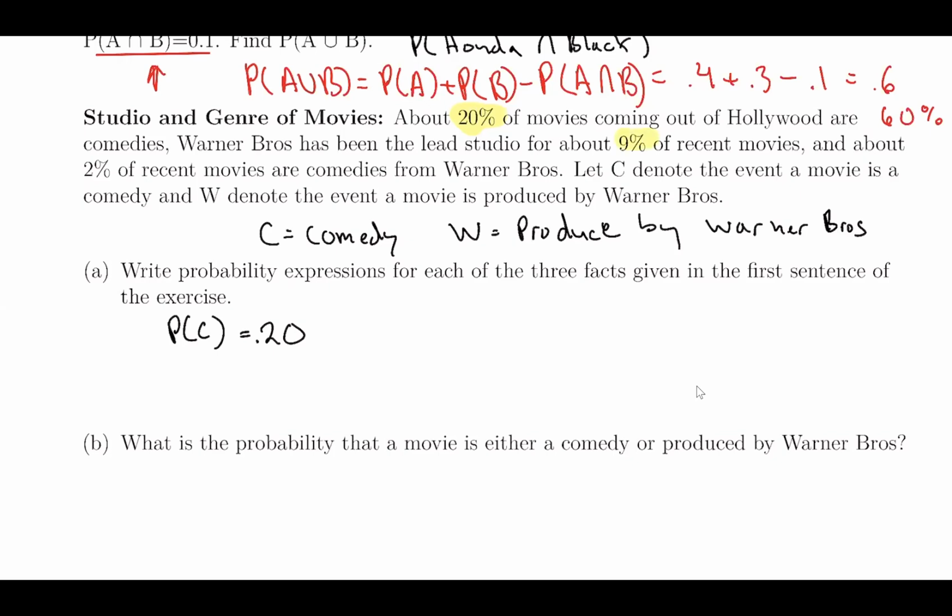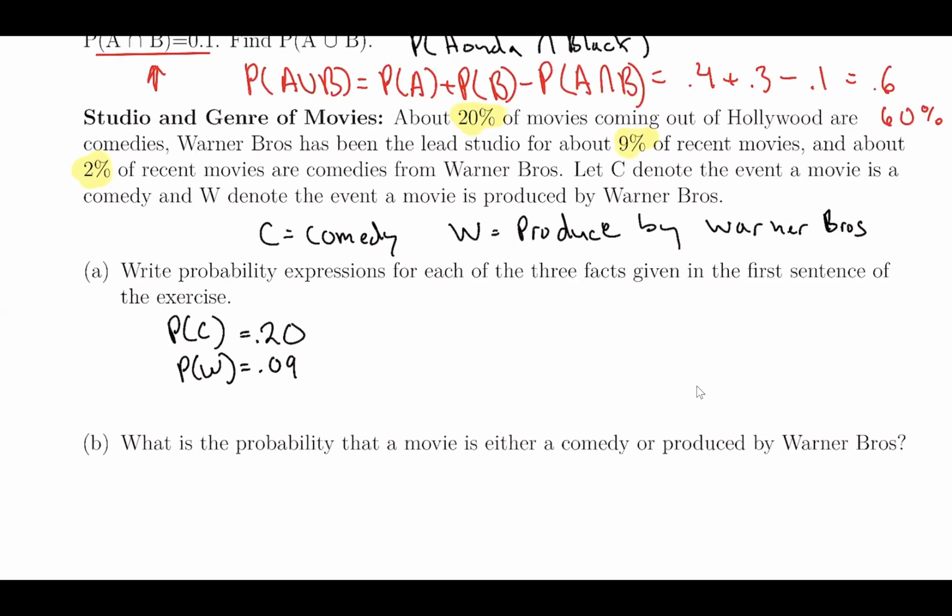All right, let's see if we get better luck on the next one. What about the 9%? What does that 9% represent? Cool. So those are movies from Warner Brothers. Perfect. And remember, 9% you write as 0.09. All right, last one, the 2%.